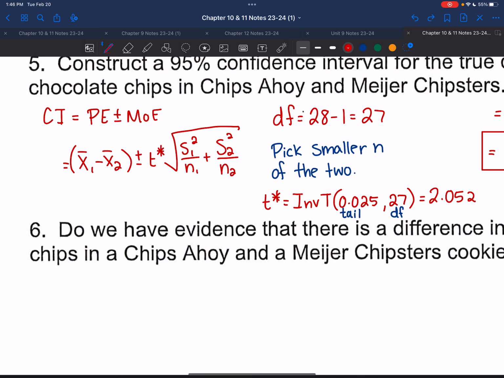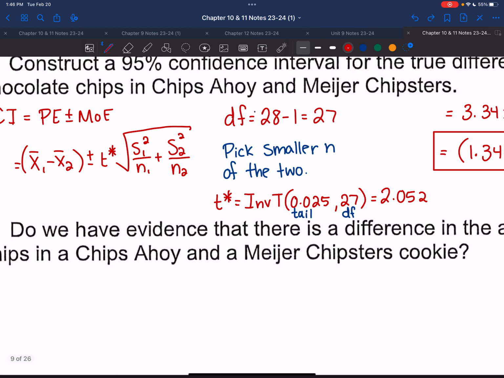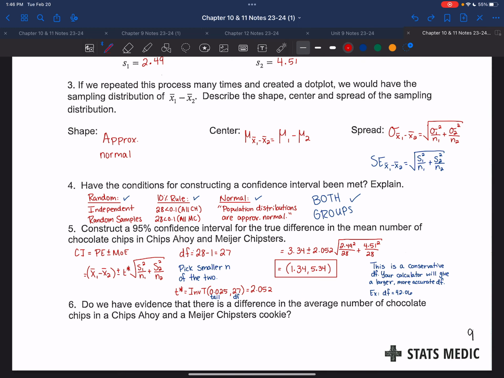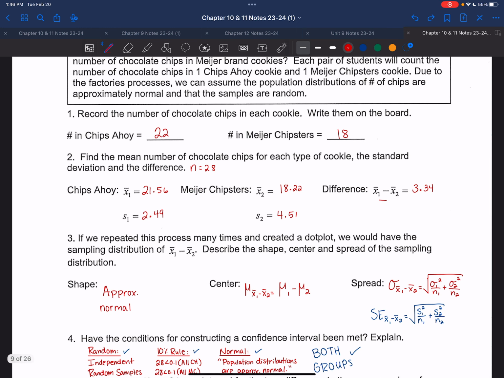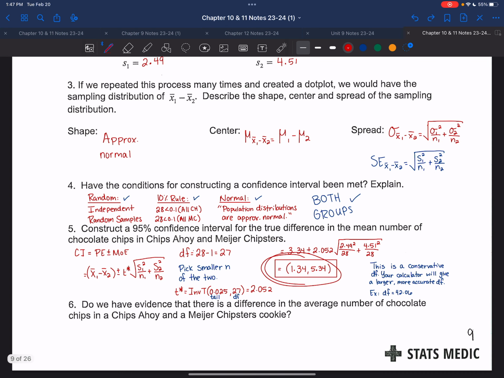So since 0 is not a part of that interval, that means we do have convincing evidence, okay? And you always got to look at, well, convincing evidence which way, Chips Ahoy or Major Chipsters? Well, we did x bar 1 minus x bar 2, in other words, Chips Ahoy minus Major Chipsters, and we got a positive value. We got a positive interval at the end too, okay?